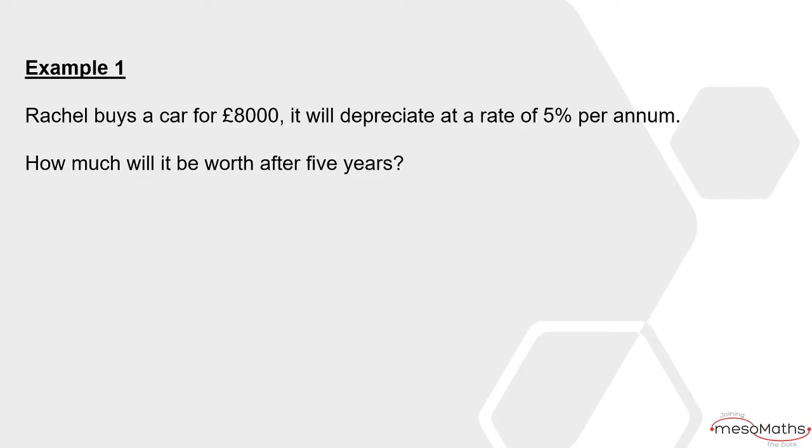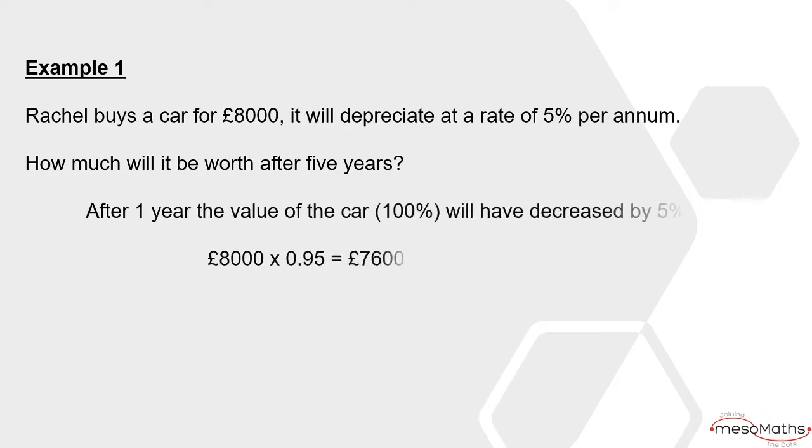Okay, so our first example, if you want to take this down in your notes, you can do. So we're going to look at Rachel buys a car for £8,000 and it's going to depreciate at a rate of 5% per annum. How much is it going to be worth in 5 years? So if we do this example year by year, after the first year, the value's going to decrease by 5%.